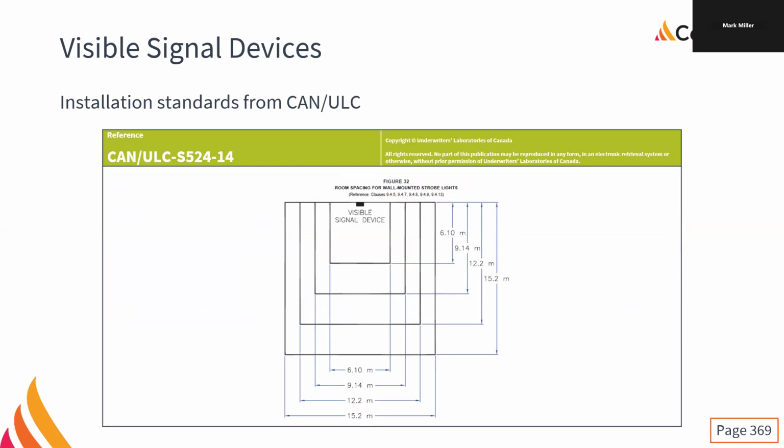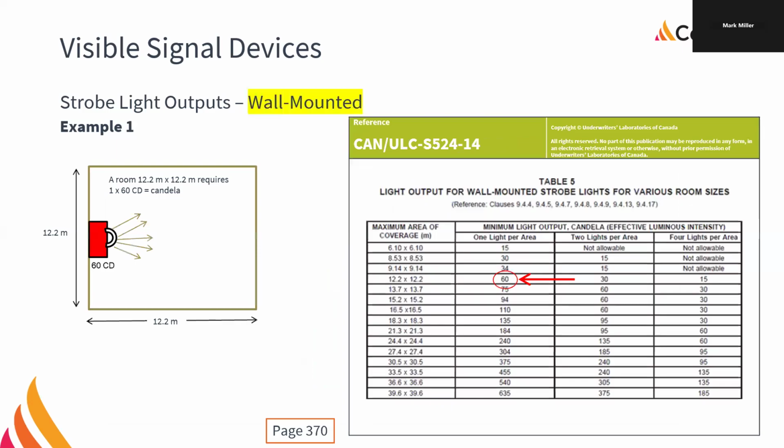And there are rated limits for how far that light is going to travel. And of course, we have a table for that, right? If we have a 12 by 12 meter room, if we're going to put one light in, it needs to be set at 60 candela.